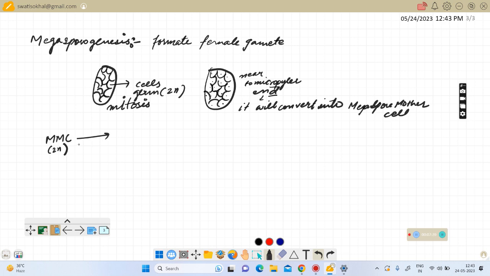Now meiosis will take place, and the 2n cell will be converted into the megaspore tetrad. Beta, out of these four cells, only one cell will further develop into the female gametophyte.